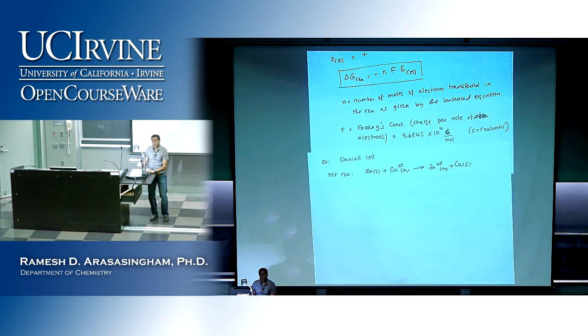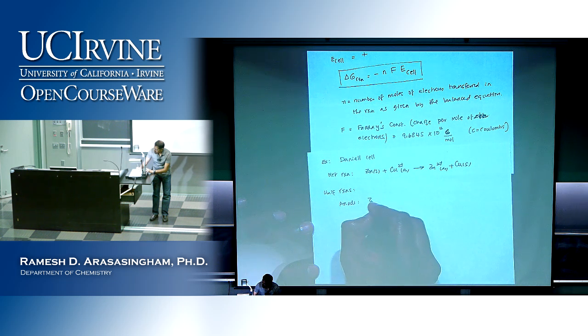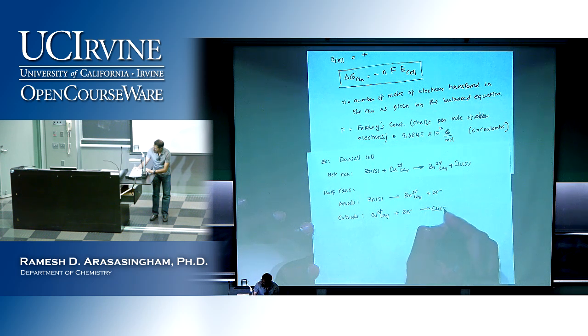If I look at the half reactions, at the anode I have the oxidation, which is zinc solid going to zinc 2 plus aqueous plus 2 electrons. At the cathode, I have copper 2 plus aqueous plus 2 electrons, giving you copper solid.